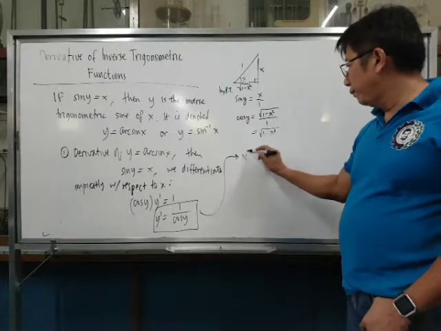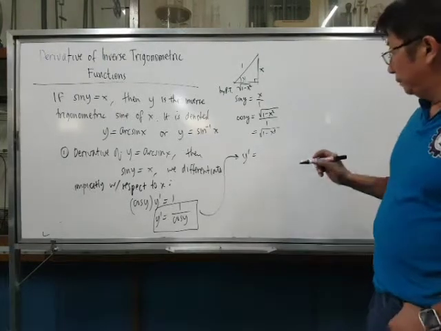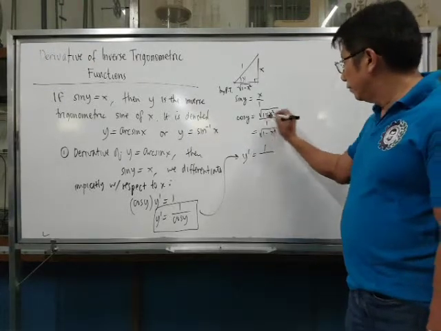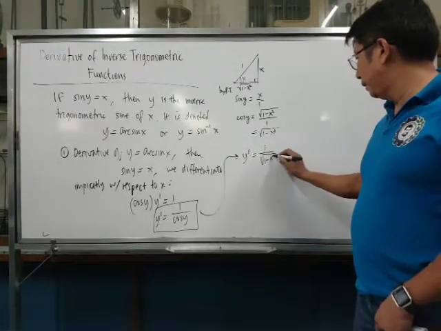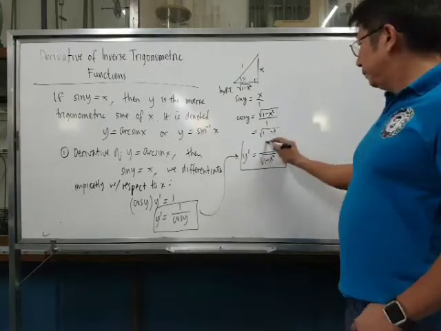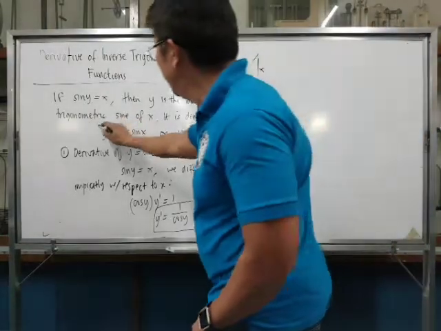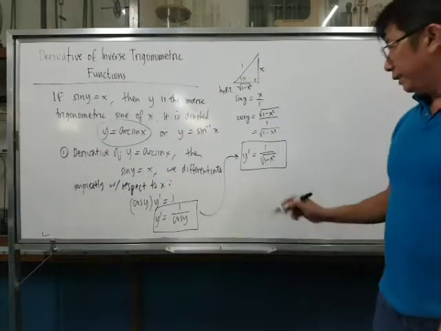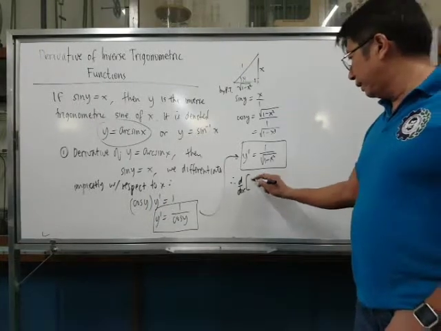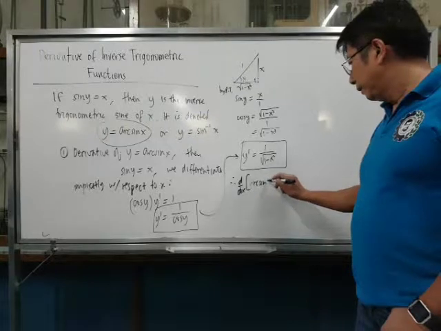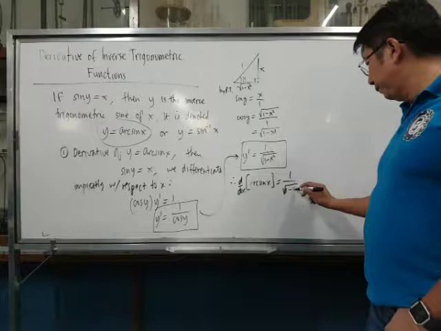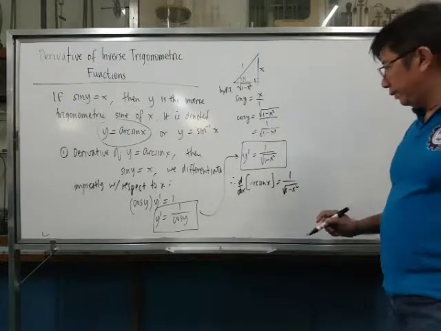And so we now have y prime equals 1 over cosine y, and cosine y equals the square root of 1 minus x squared. In other words, since y is originally arc sine x, it follows that the derivative of arc sine x is just 1 divided by the square root of 1 minus x squared.